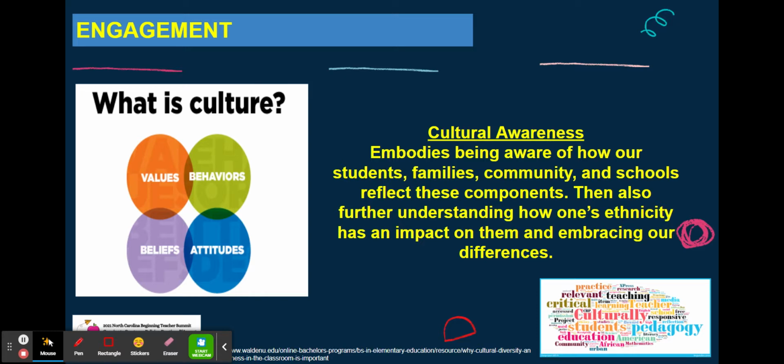So you want to always keep in mind that the values, behaviors, beliefs, and attitudes that you hold in your classroom are reflective of what the school holds, as well as either you are supporting that or you are working to be a change agent to implement that into your overall school culture. So being culturally aware of the diversity that is represented in your school, as well as the tones that you set in your classroom, all contributes to the overall culture of your school.